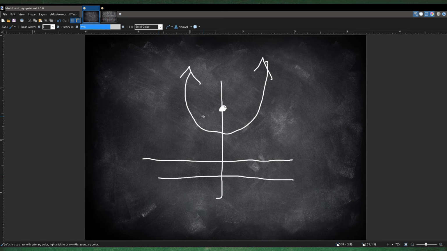Whatever the equation is, the parabola is the collection of points.